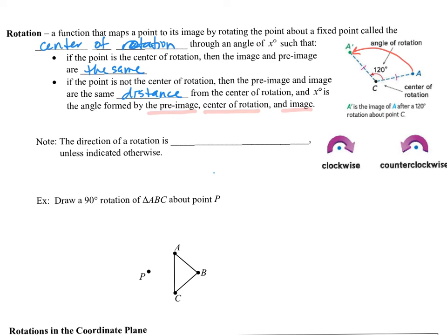They're the same distance from the center of rotation, and the angle formed by pre-image point to center of rotation to image point, that angle is a 120 degree angle. Okay, so we've already stated, but let's state it again. The direction of rotation will always be counterclockwise unless otherwise stated. Okay, so if you see a rotation, let's assume that it's a counterclockwise rotation.